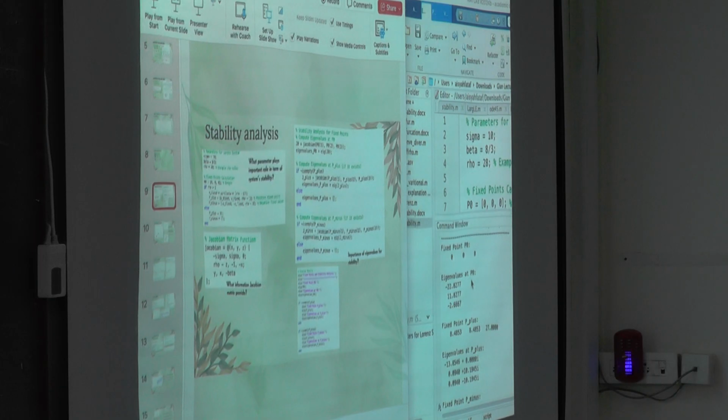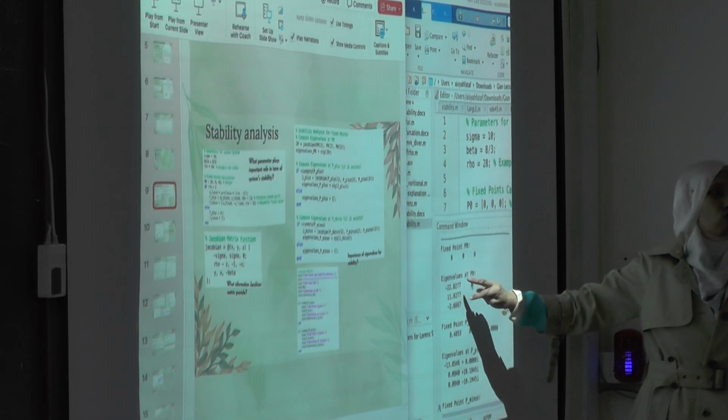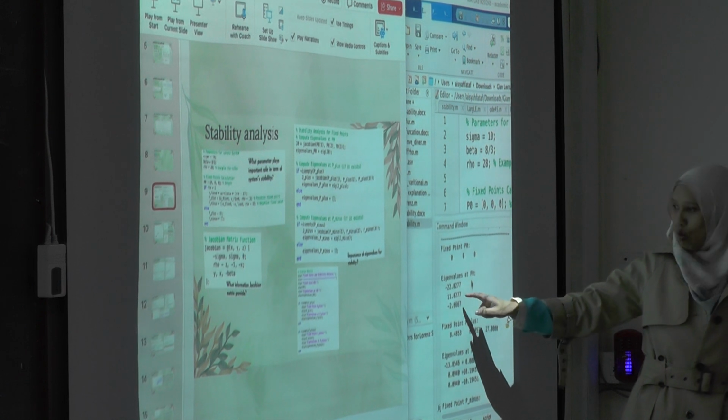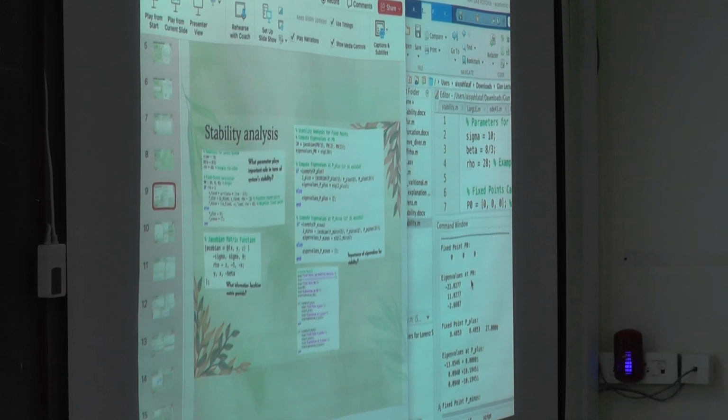As you can see, when the fixed point is 0, you have two negative parts and one positive part. So what does this indicate? Two negative means it will be stable, and then the positive part will be unstable.